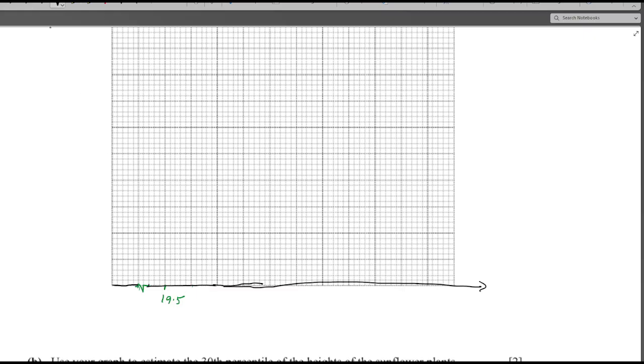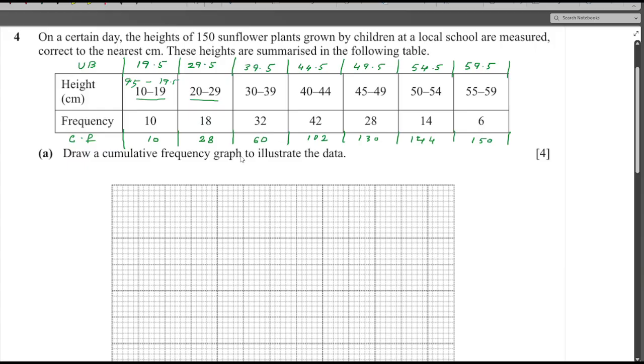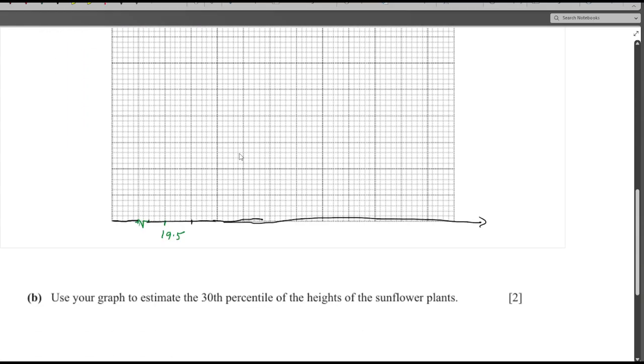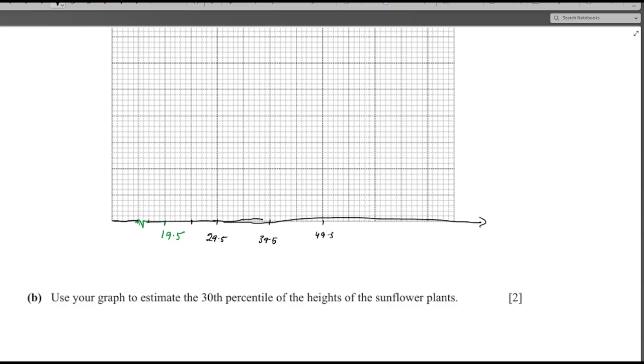Then each point is plus 5: 19.5, 24.5, 29.5, then 39.5, 49.5, 59.5, and 69.5.